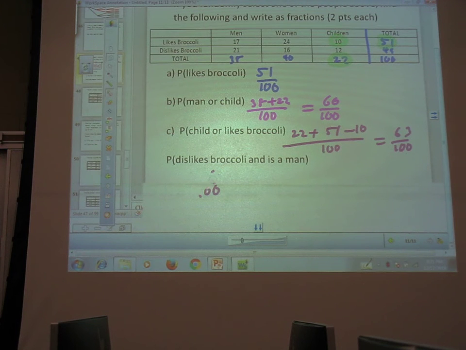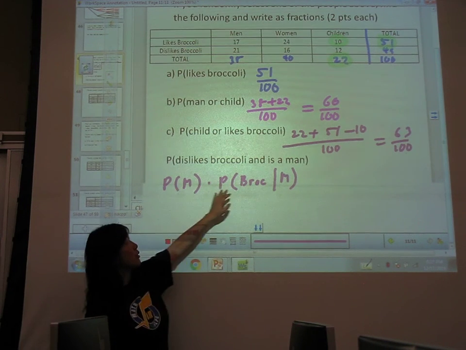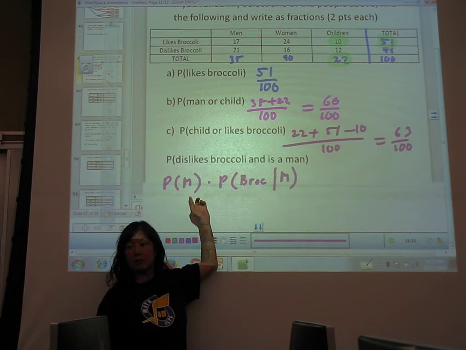Okay, so let's do this better. Probability of man times probability of broccoli, but man has already happened. Do you see what I'm saying? If we say probability of man, then it's broccoli given man. So if we're going to do both, it's probability of man times probability of broccoli, given that man has happened.